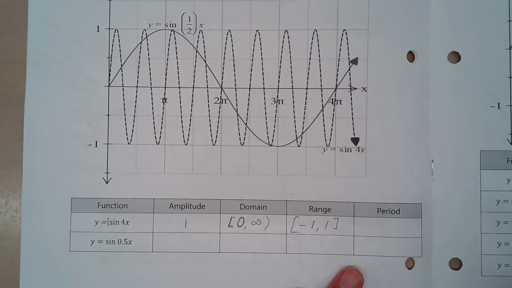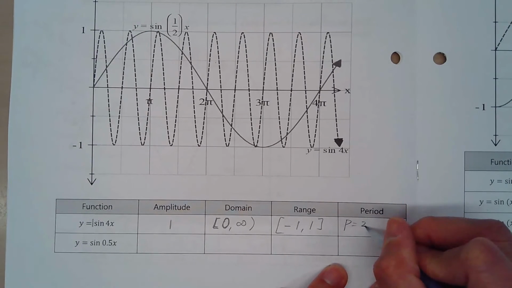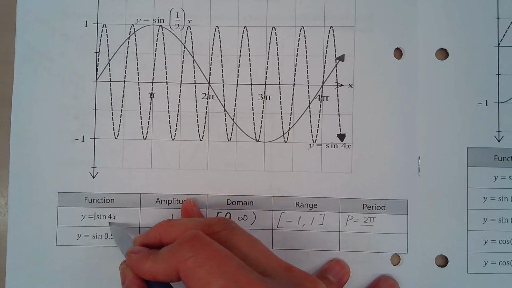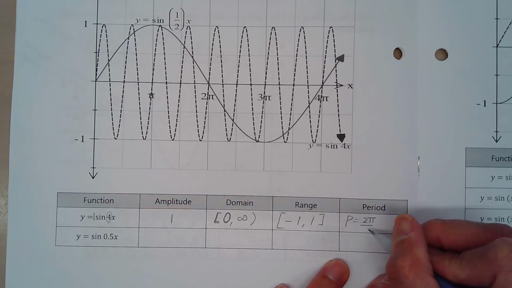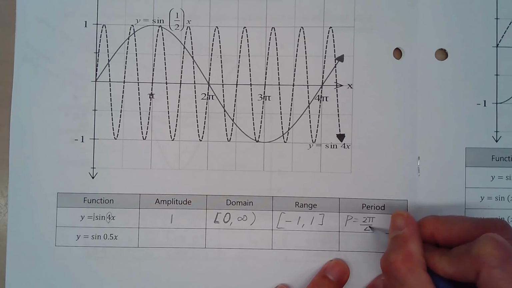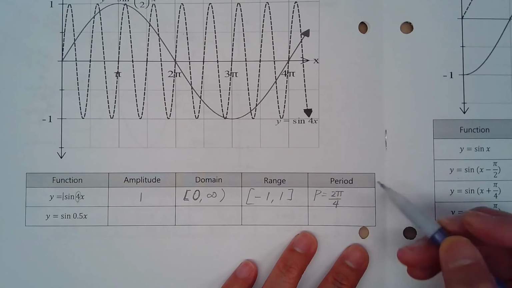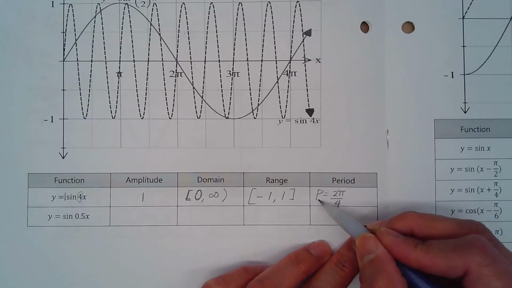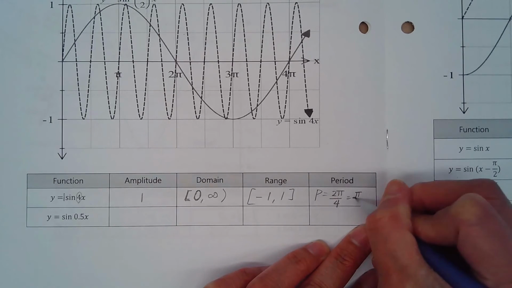Period is 2 pi over b. What's the b? B is 4. So period is 2 pi over 4, which is pi half.